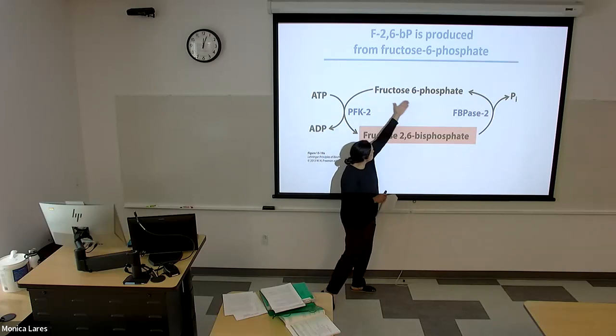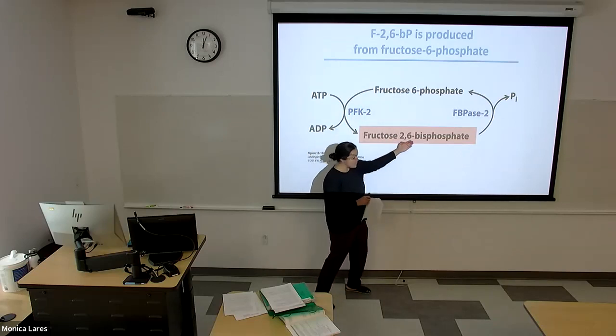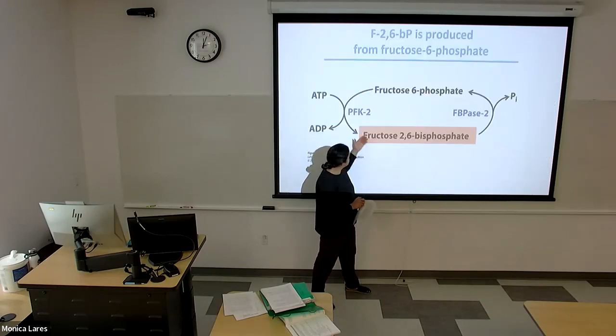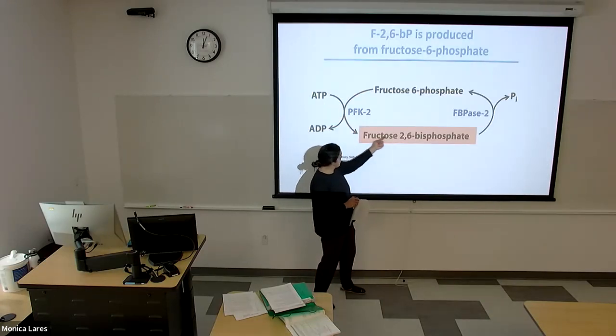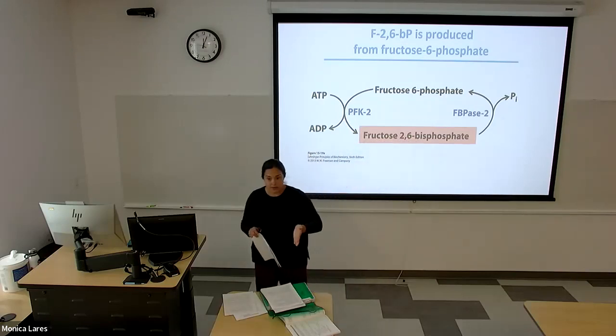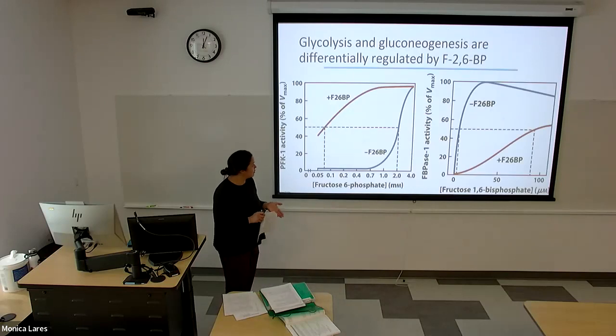It takes fructose 6-phosphate and phosphorylates it to this fructose 2,6-bisphosphate. That's that small molecule, right? That's this guy. So PFK2 is activated, it makes this. So now we have a lot of fructose 2,6-bisphosphate around.